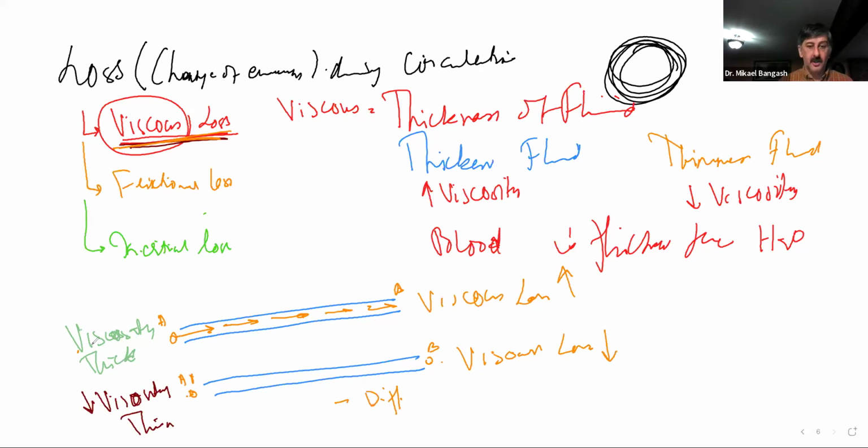Having a greater viscosity, there's going to be a greater viscous loss, compared to a case where the fluid was thinner or had a lower viscosity, where there's going to be a lesser difference between the amount of energy at the beginning and at the end due to a lesser viscous loss.